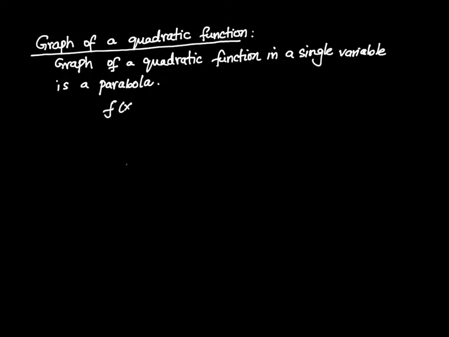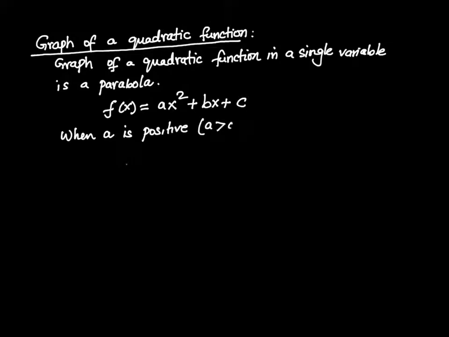So f of x equal to ax squared plus bx plus c is a quadratic function. Now a is very important. If a is positive, the parabola opens up.